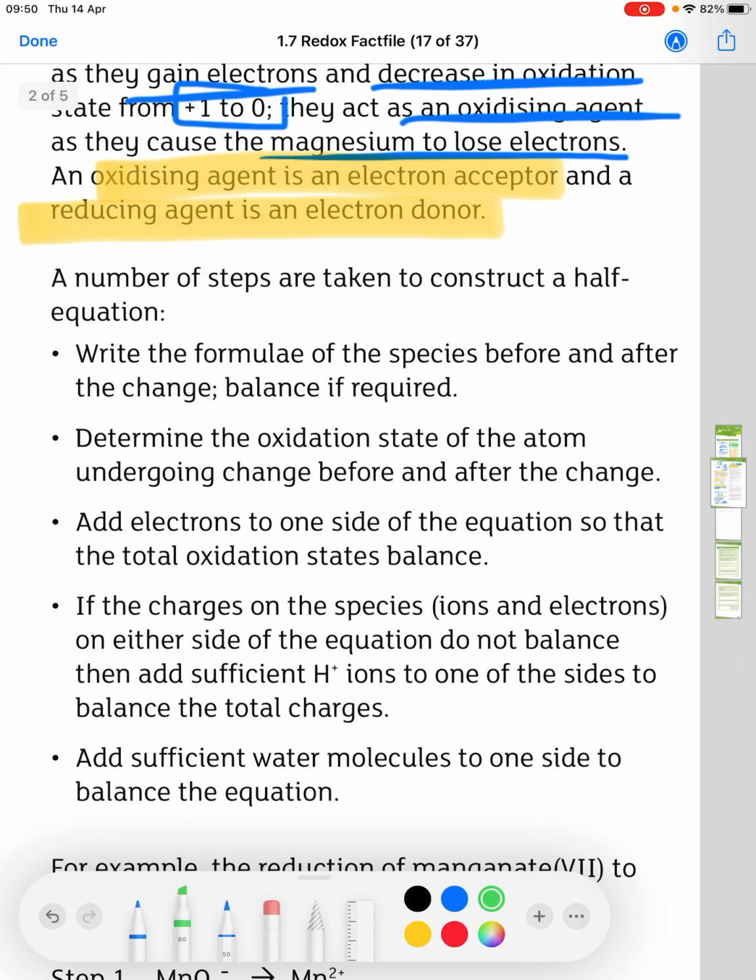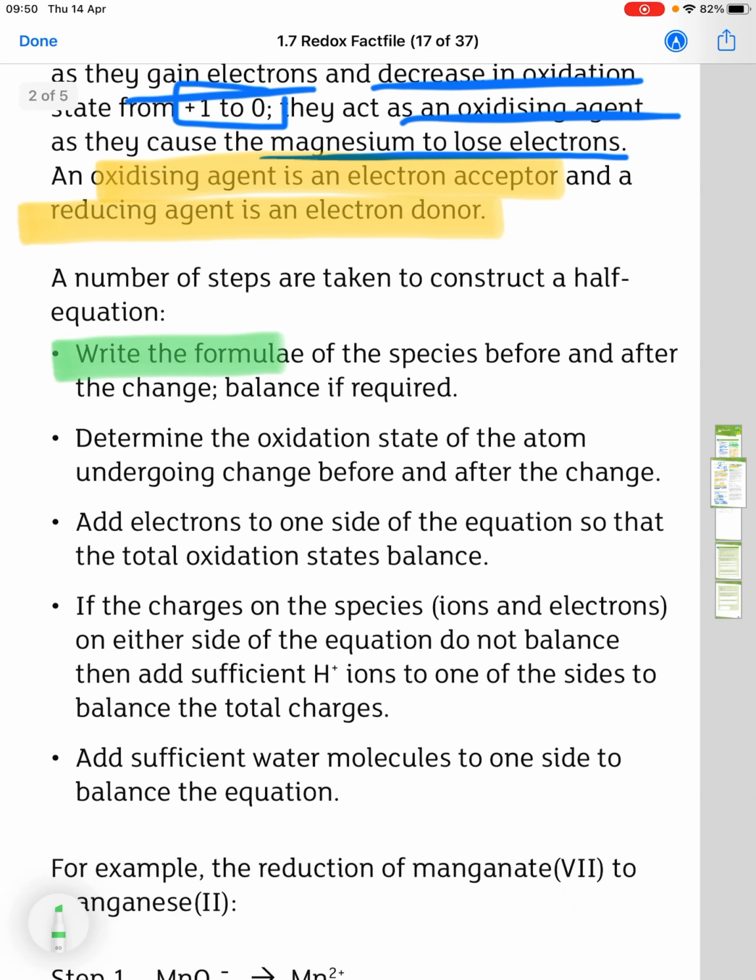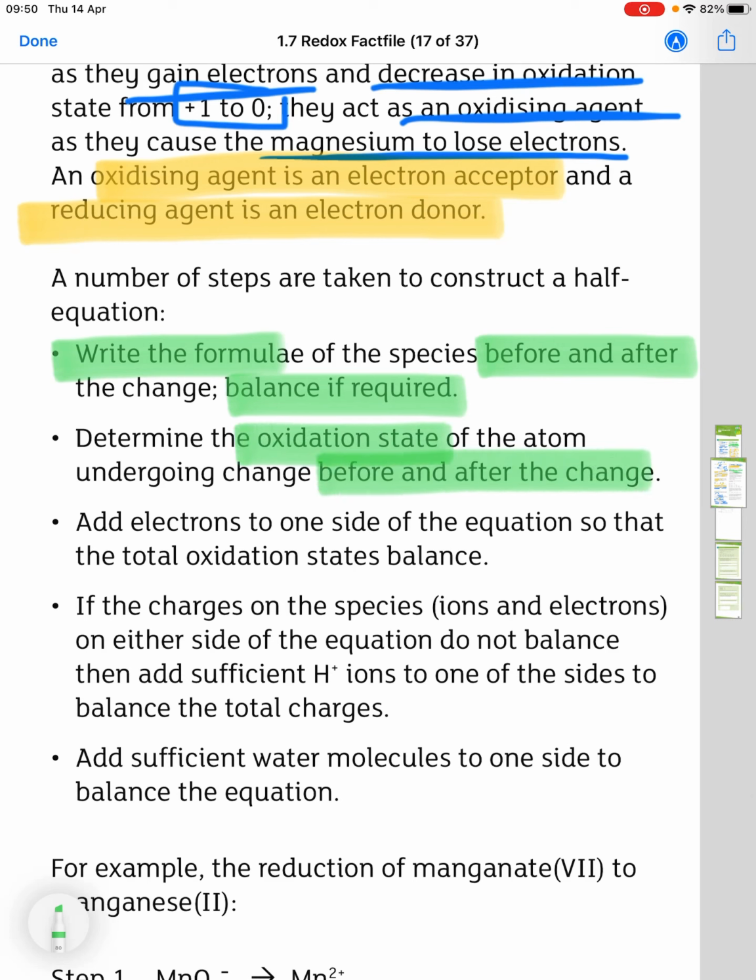So when we come to do the half equations, the first thing you want to do is to write the formula of the species before and after the change, and then balance if required. Then you're going to determine the oxidation state of the atom undergoing the change before and after the change.